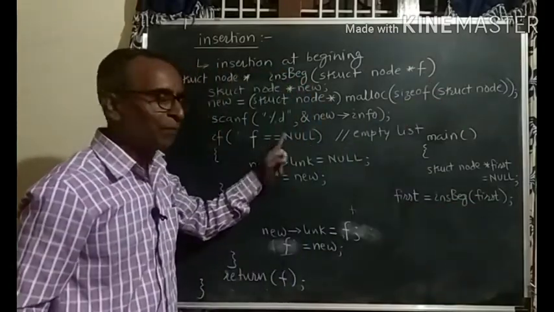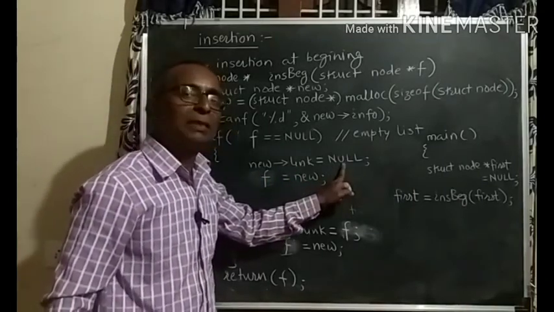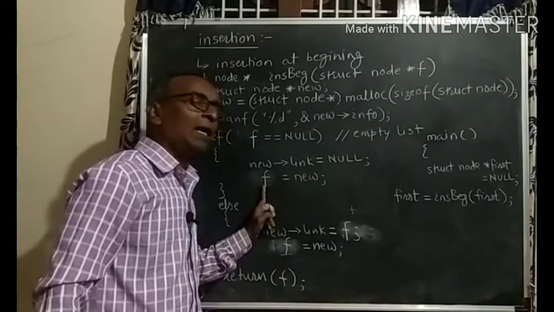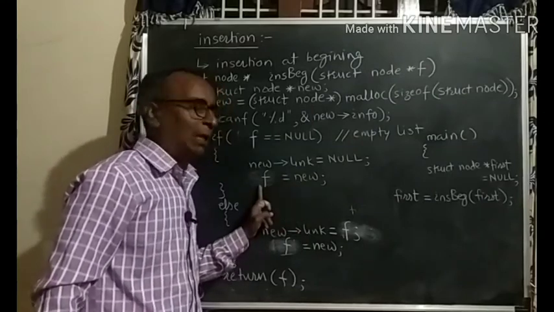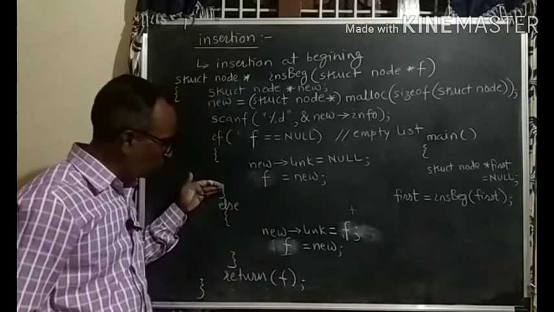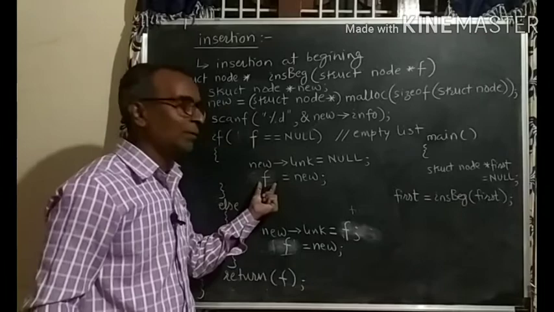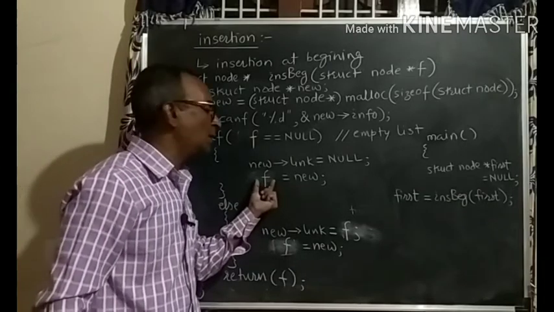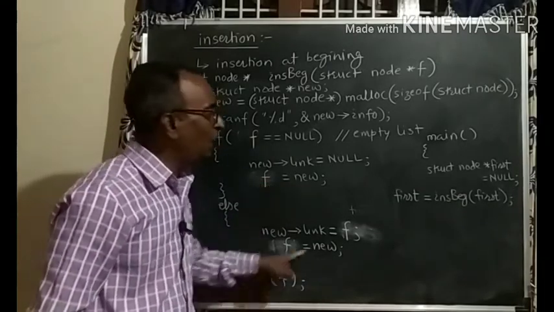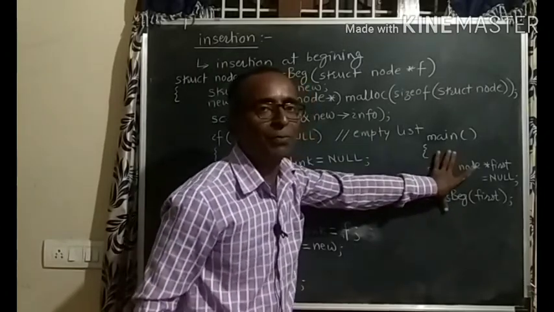When f is null, what will happen, new's link you are setting to null, and then f is given new. After this control comes to return f. Whatever change you have made to the value of f will be returned, and that will be assigned to first in this caller.